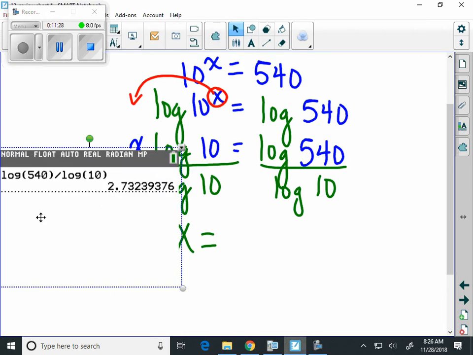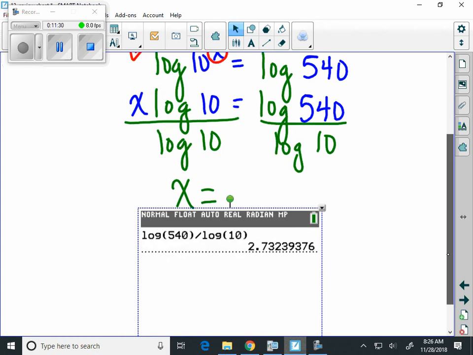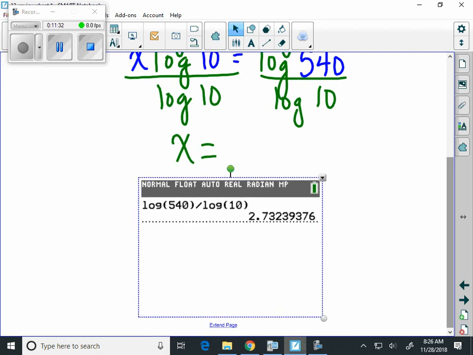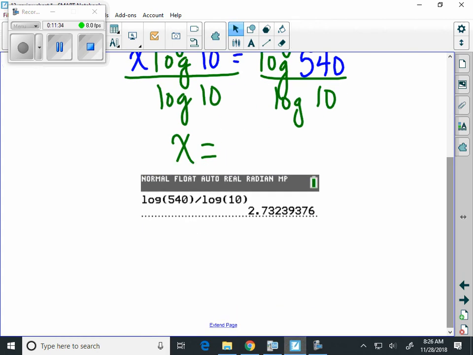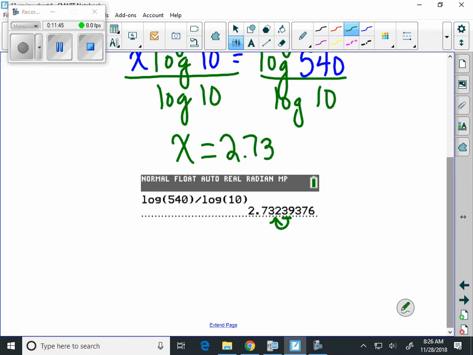Our directions remind us that we want to round to the nearest thousand, which is 3 decimal places. So when we look at this number down here, we're going to look at this 3 to determine what to do to that 2. We end up with 2.732 because the 3 that we looked at was 5 or less.